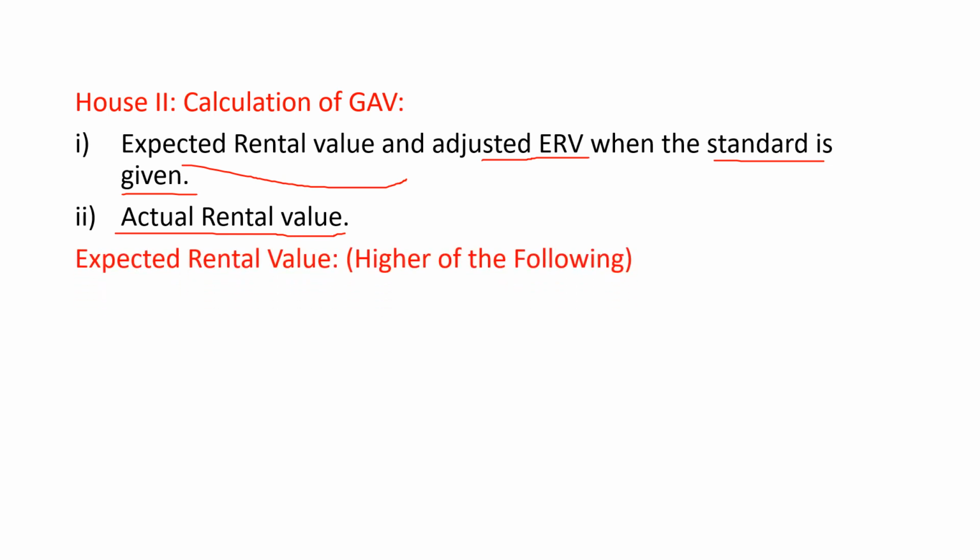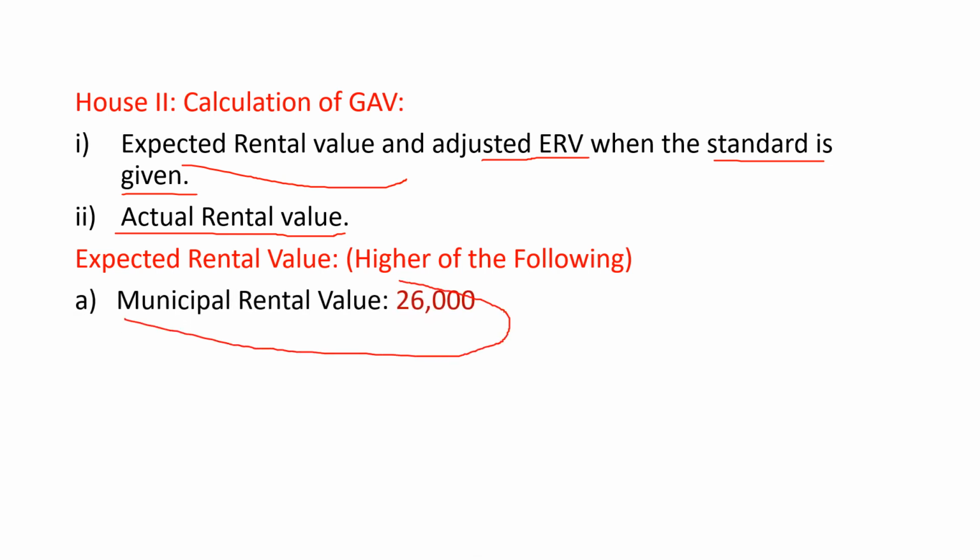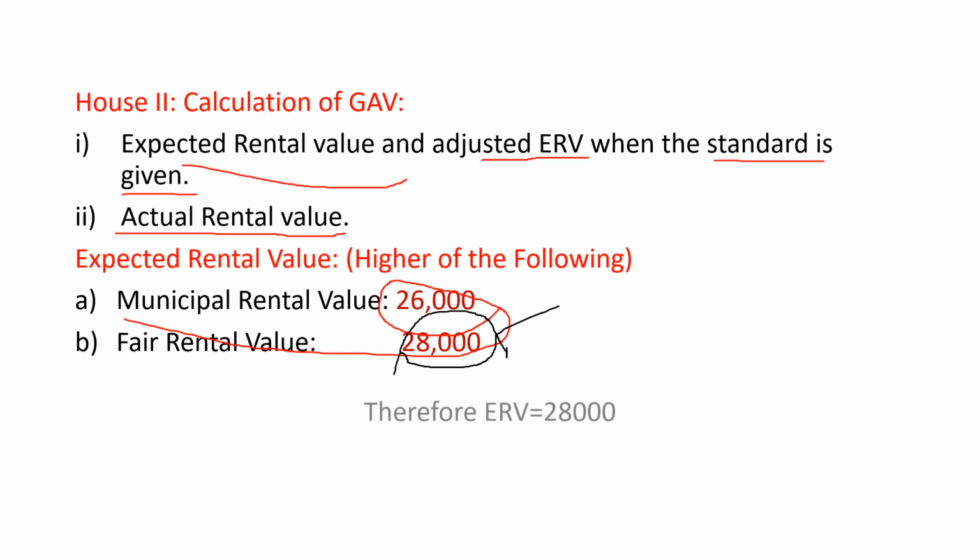Then find out expected rental value. Next, municipal rental value is 26,000. This is given. Next, fair rental value is 28,000. This is also given. So here expected rental value will be 28,000. Then move on to next slide.